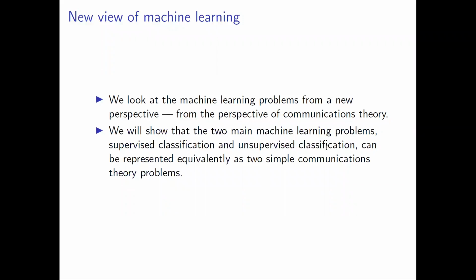I will show that the two main machine learning problems, supervised classification and unsupervised classification, can be represented equivalently as two simple communications theory problems. Simple in the sense that they can be represented simply as problems, but not simple in the sense that they can be solved easily. Machine learning has main problems: supervised classification, unsupervised classification, and reinforcement learning. I will talk only about classification.